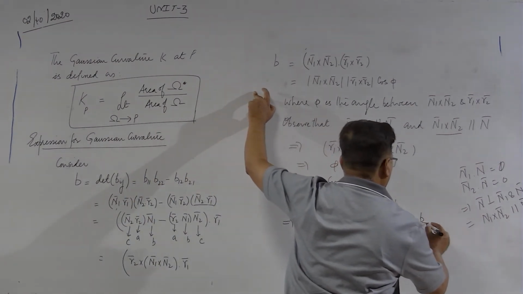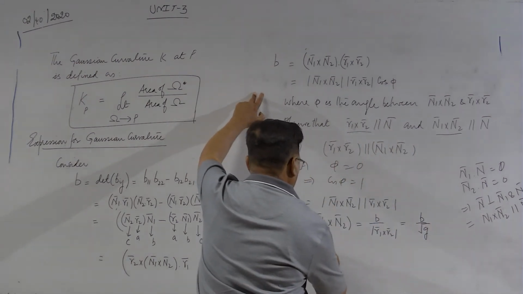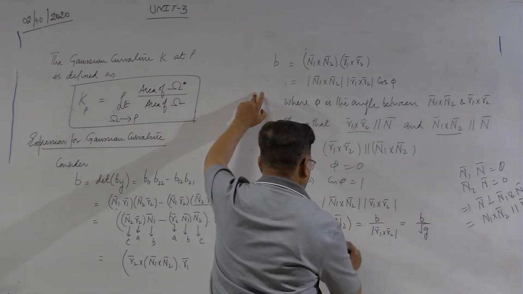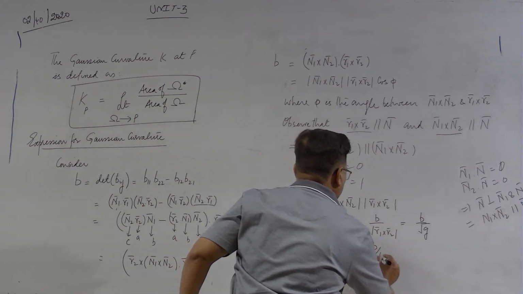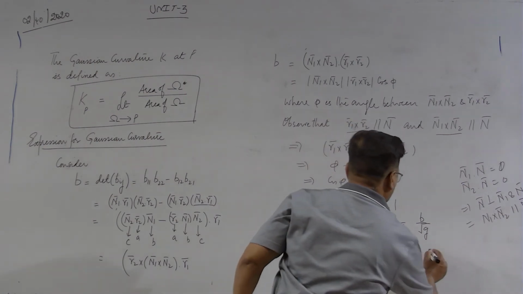So, this becomes B upon under root g. So, modulus of N1 cross N2 is B upon under root g. This is an important relation which I will call as number 1.